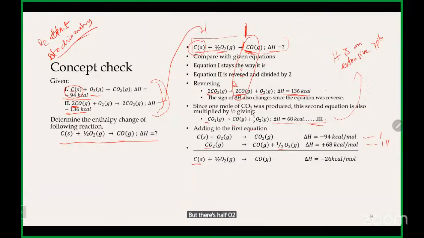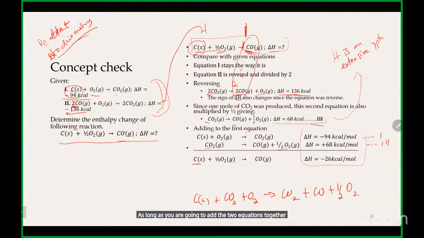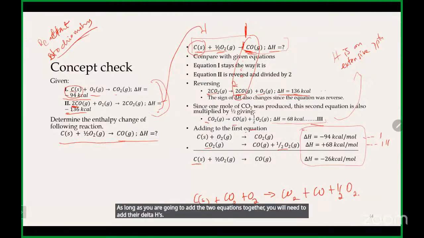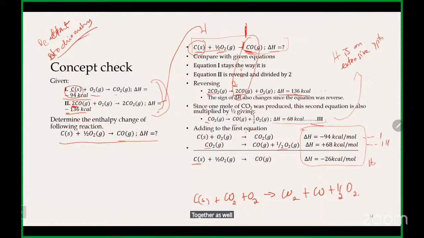So that's C plus CO2 plus O2 going to CO2 plus CO plus half O2. As long as you are going to add the 2 equations together, you will need to add their delta H's together as well, according to Hess's law.